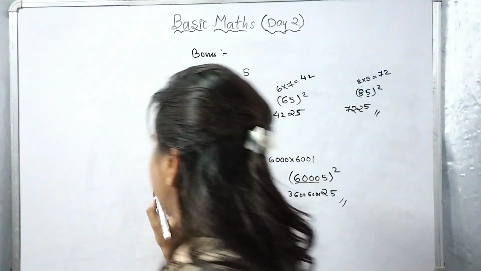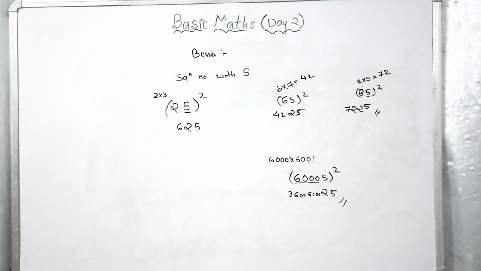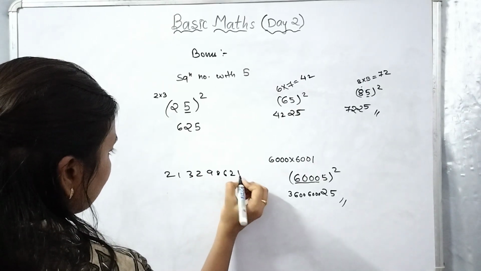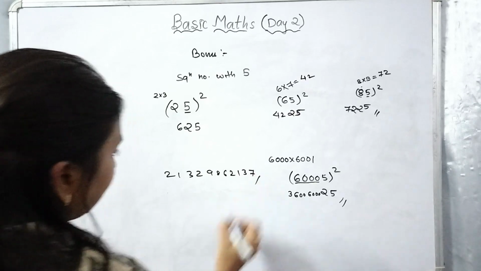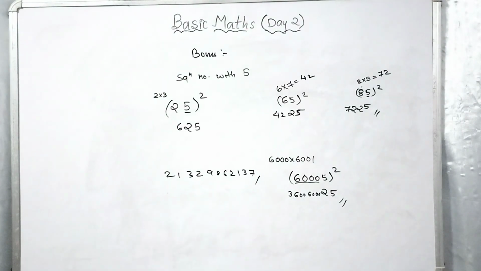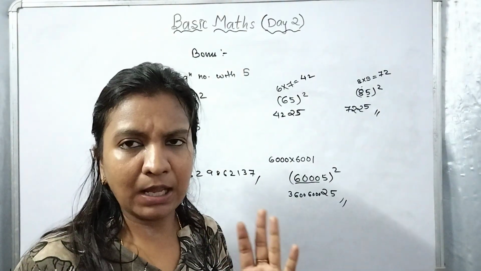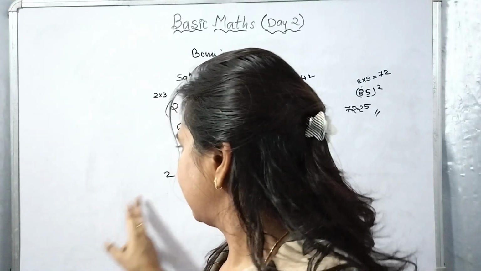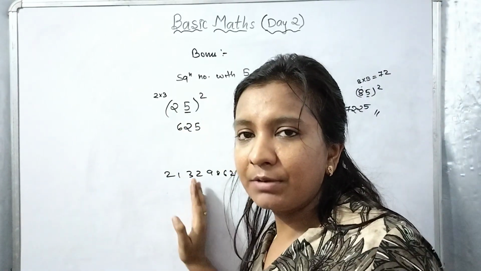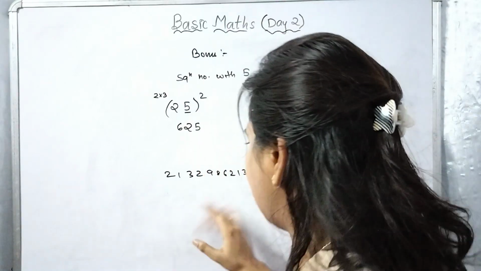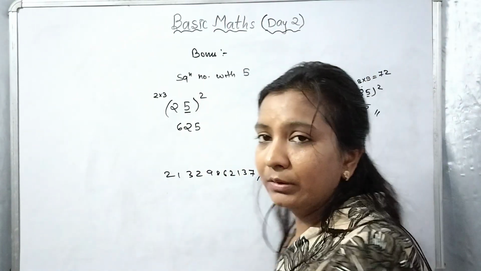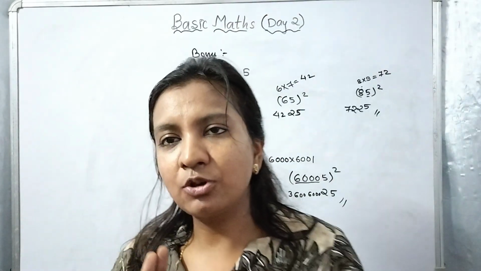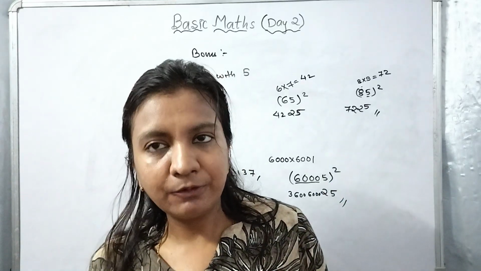If the question is whether this number is divisible by 2, or by 5, then within a second you can tell that this number is not divisible by 2, not divisible by 5, and not divisible by 10. So this is what we will teach in our next class.